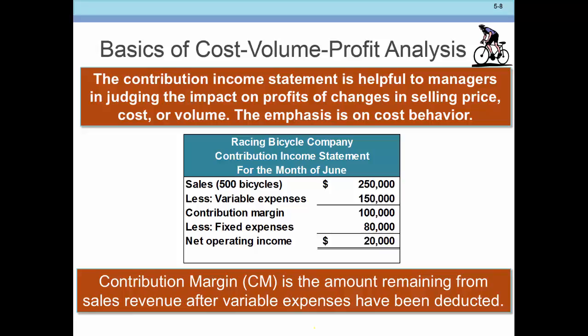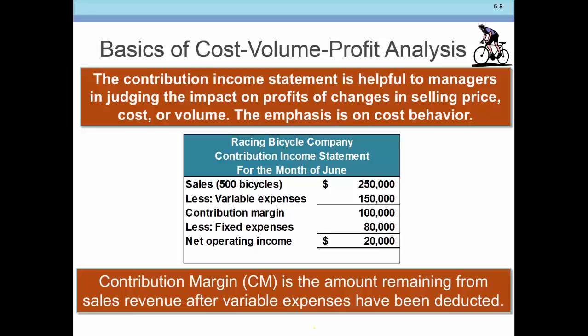So now I just have to do the algebra, don't I? I take my target profit units, which is what I'm looking for here, equal to 2,080,000 divided by the 300, I mean, excuse me, 200 contribution margin per unit.